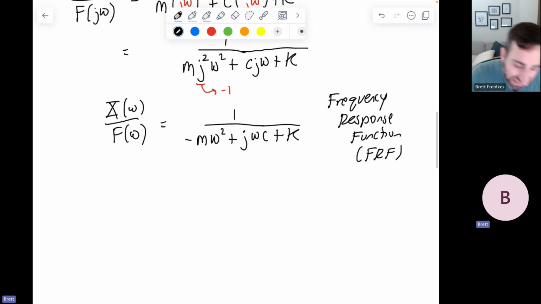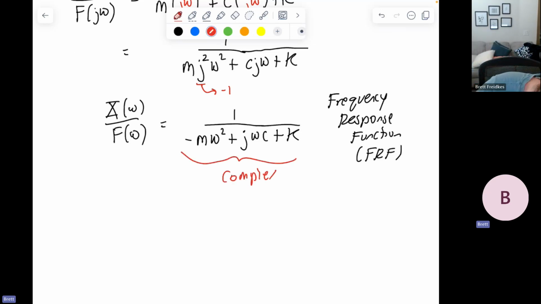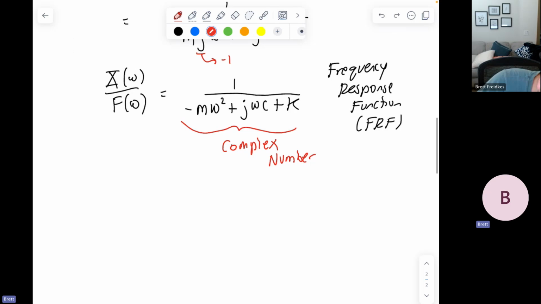Now, this whole thing here is a complex number, or an imaginary number, because of this j. And if we have something that's complex, there are two things that are buried inside of it.